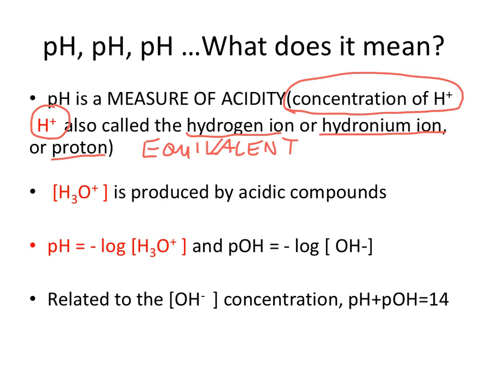H3O+, or this hydronium ion, is produced by acidic compounds. And the idea of pH is simply a mathematical description, and it's the negative log of the hydronium ion, hydrogen ion concentration. So remember, this is the molarity.